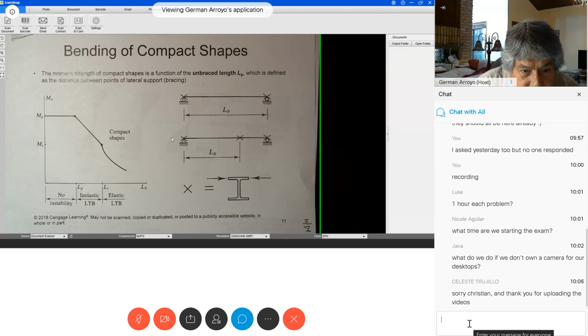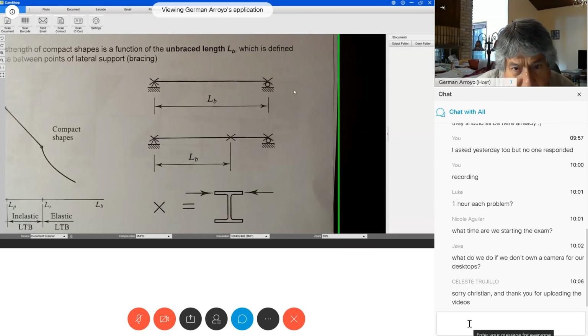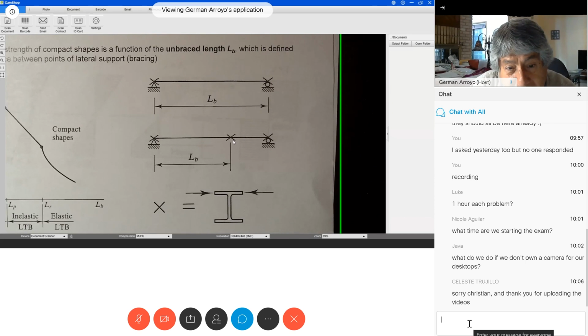And this indicates bracing is not an additional support. We still have the same two supports. We still have this support here and this support like we did before. So we are not adding a support. We are adding a lateral brace. So now we have L sub B is obviously larger than this value. So this is the critical.